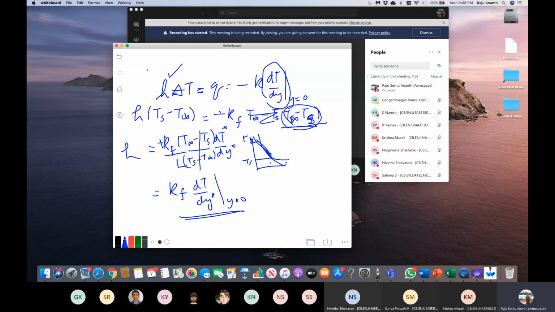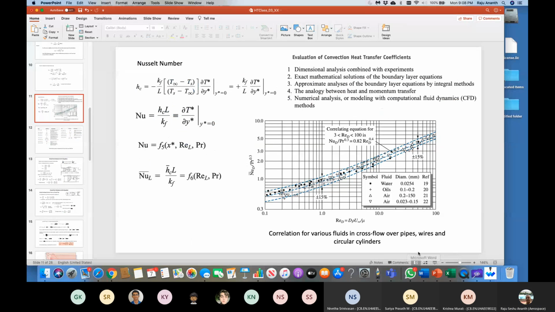Okay, so the L is the characteristic length or diameter or whatever based on the length. Yeah, some characteristic length I forgot. So the Nusselt number is defined as hL over Kf.